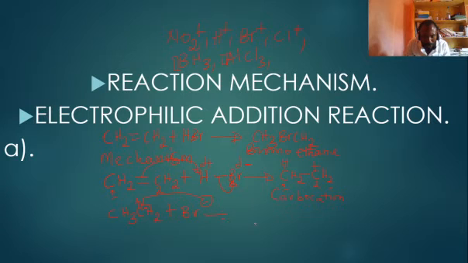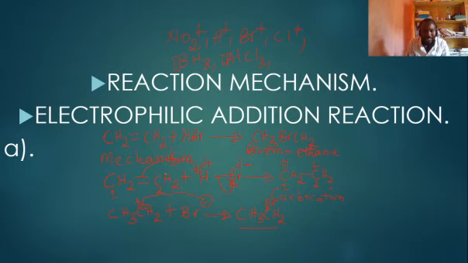When this happens, we are going to have a compound that is formed, CH3CH2 with bromine added here. This is an addition reaction. This is bromoethane that is formed.